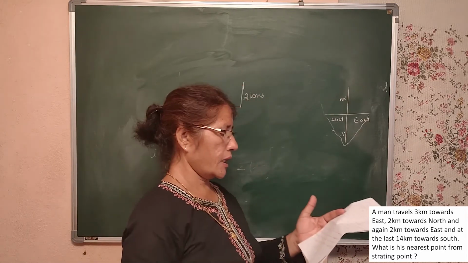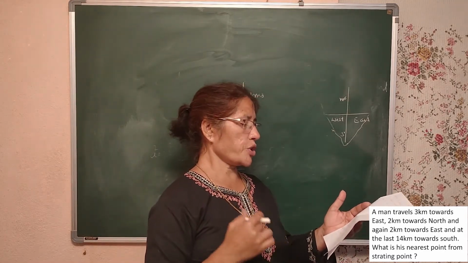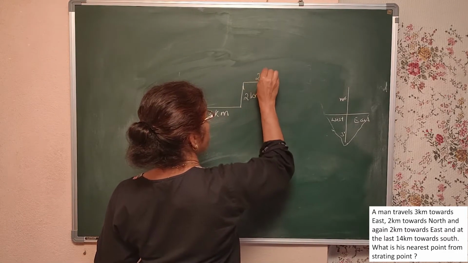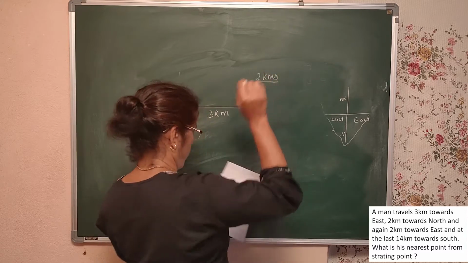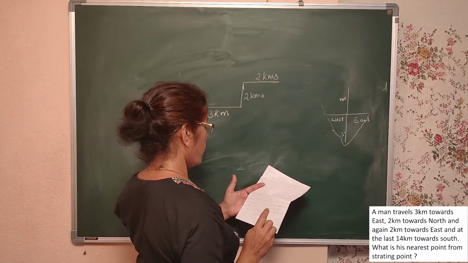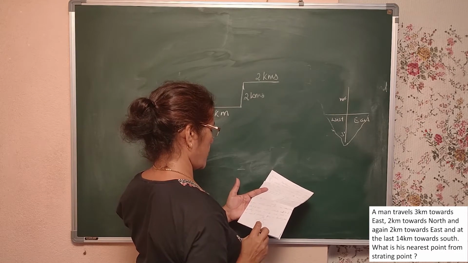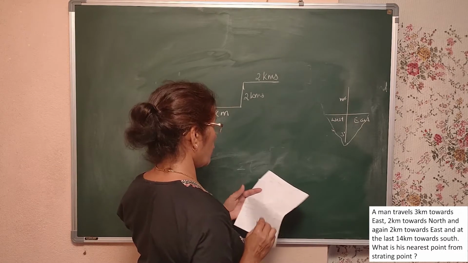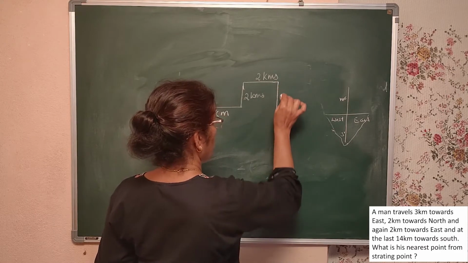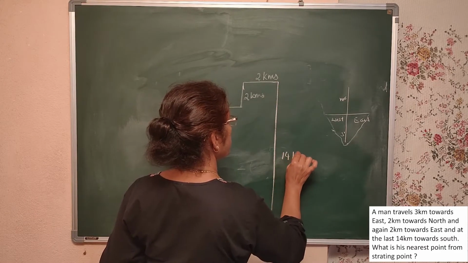Then 2 kilometers towards east. Again 2 kilometers east. And finally he walks 14 kilometers. He goes 14 kilometers towards south. Totally this is 14 kilometers.